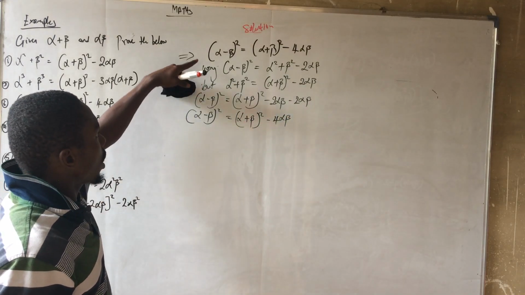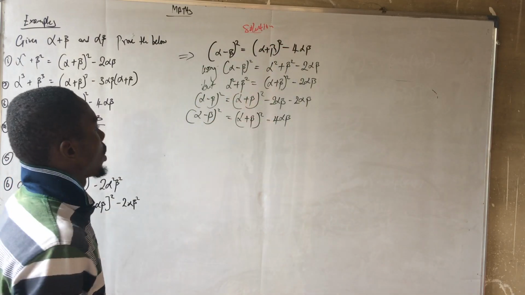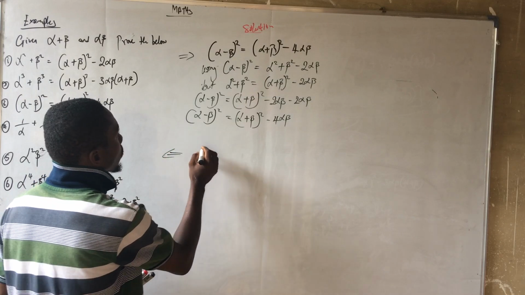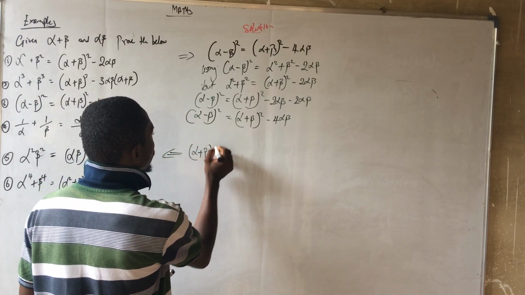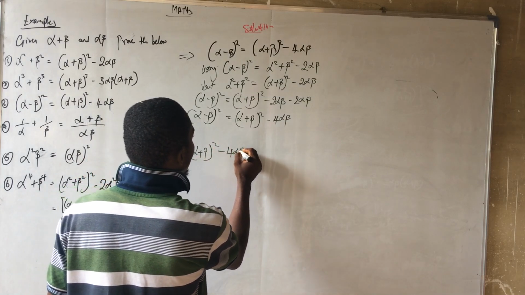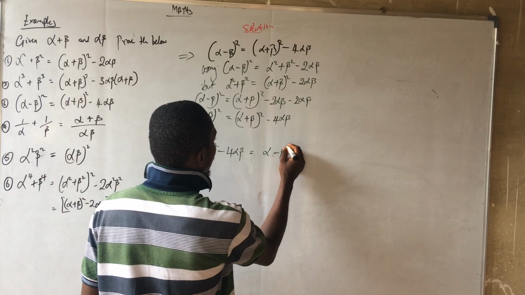So now you see that here we prove it now to get this. Now let's go like this again. You see that we want to check that (alpha plus beta) all squared minus 4 alpha beta is going to give us (alpha minus beta) all squared.